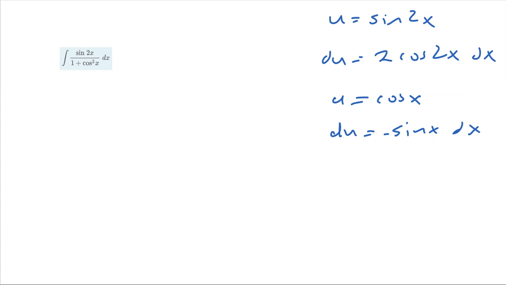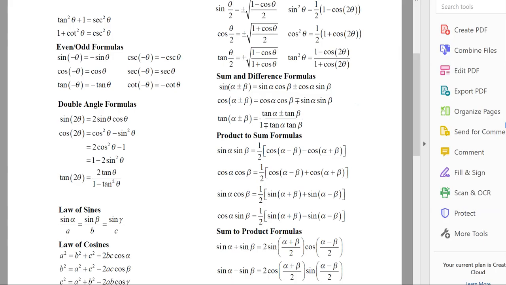Well, I pull up some different trig identities and see. Since we have sines and cosines, I would like it to be sine of x or cosine of x. If you look at some of the trig identities that we have, sine of 2 theta is 2 sine of theta cosine of theta. So let me see if we can do something with that.